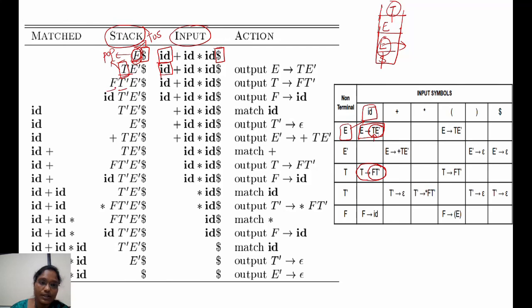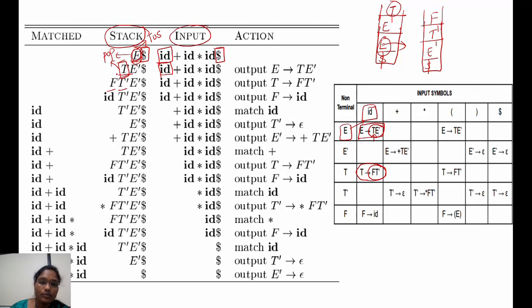So T is replaced by T dash F in your stack. Currently the stack will be like this: E dash will be there, and T is replaced by T dash and F on the top of the stack.